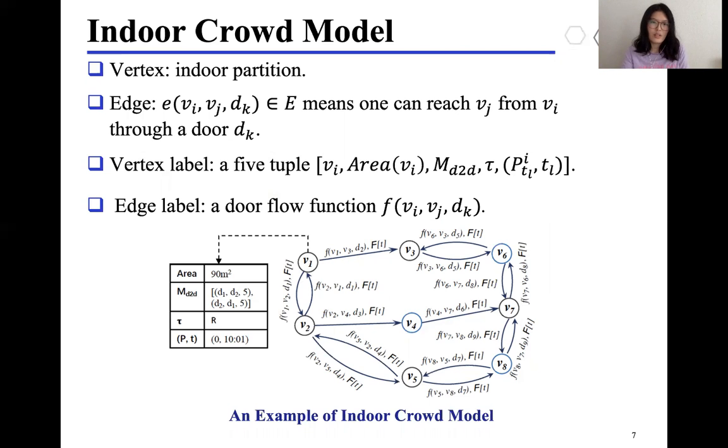And each directed edge connects two partitions, and the label for each edge is a door flow function.